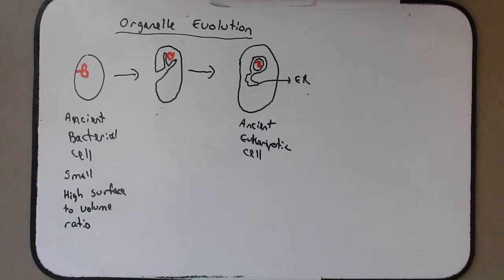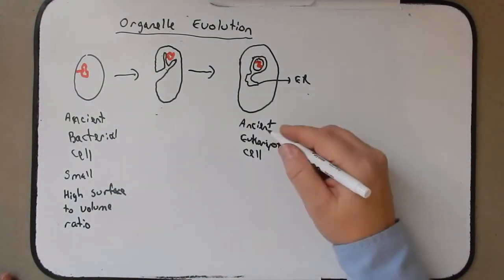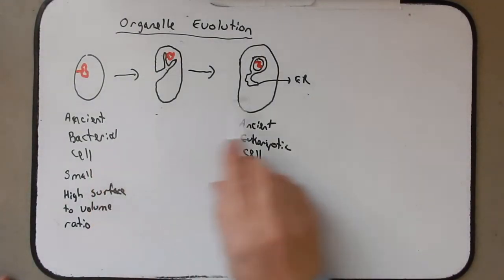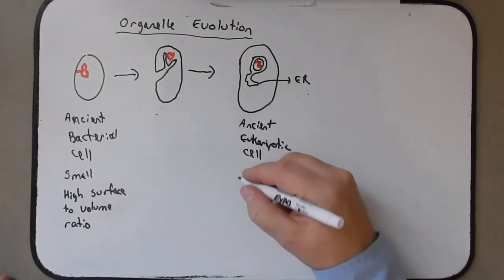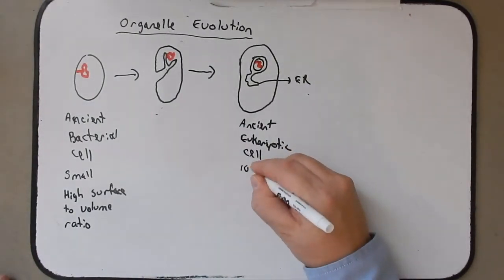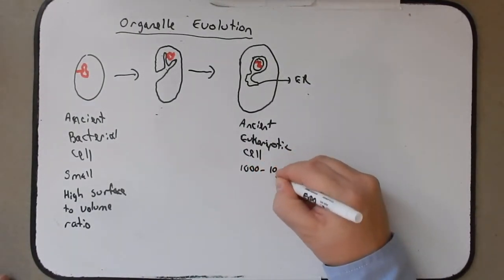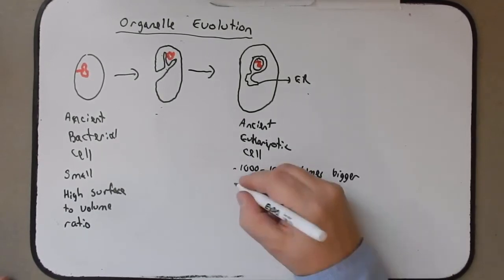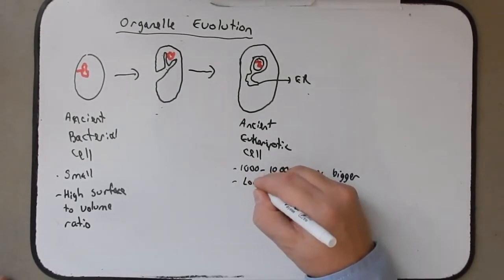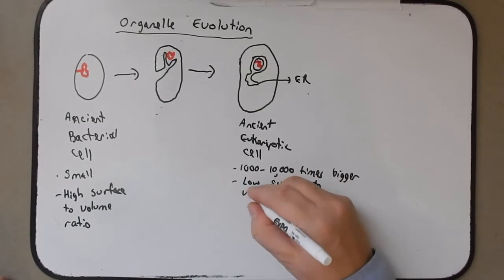But as that cell gets bigger, it's hard to accomplish those same enzymatic reactions and achieve the same energy surplus needed to survive. Now modern day eukaryotes, probably not this ancient eukaryote, but we could imagine how they got bigger and bigger over time. But the modern day eukaryote is 1,000 to 10,000 times bigger. This gives them a low surface to volume ratio.